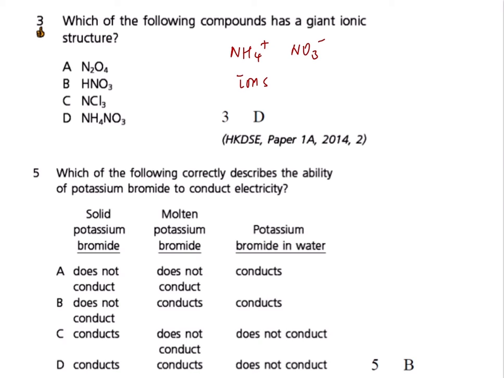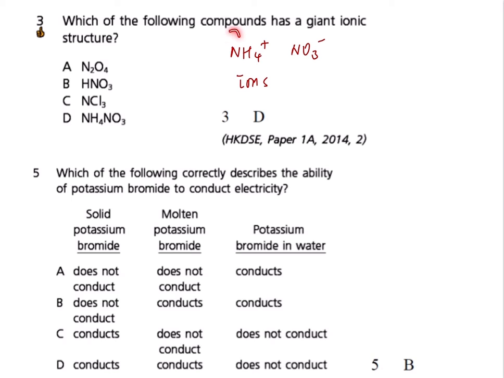即係話 ammonium 咧就係一個 exception 啊，即係佢唔係 metal，但係佢都可以存在係一個 giant ionic structure。佢係唯一一隻 positive ion 冇 metal 喺裏邊，係 ammonium ion 先會咁嘅啫。咁你就記住 ammonium compound 咧，所有都係 ionic compound.